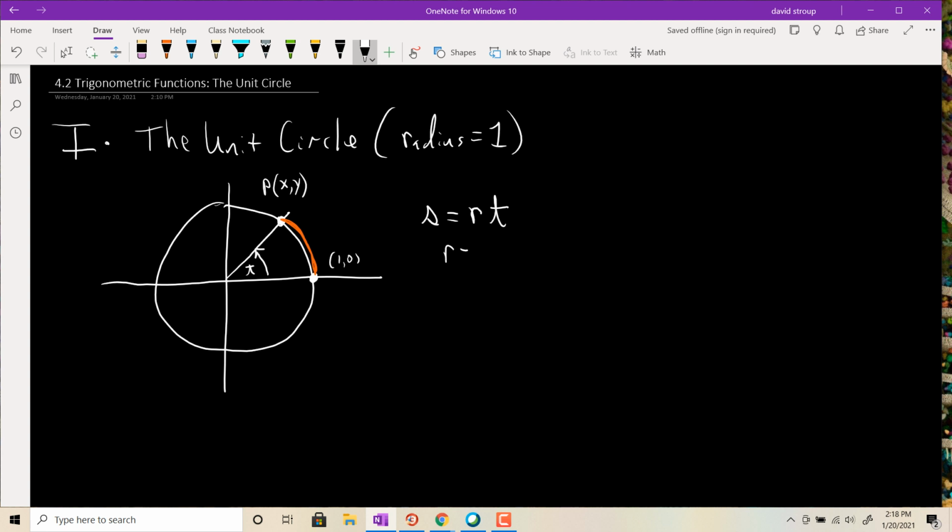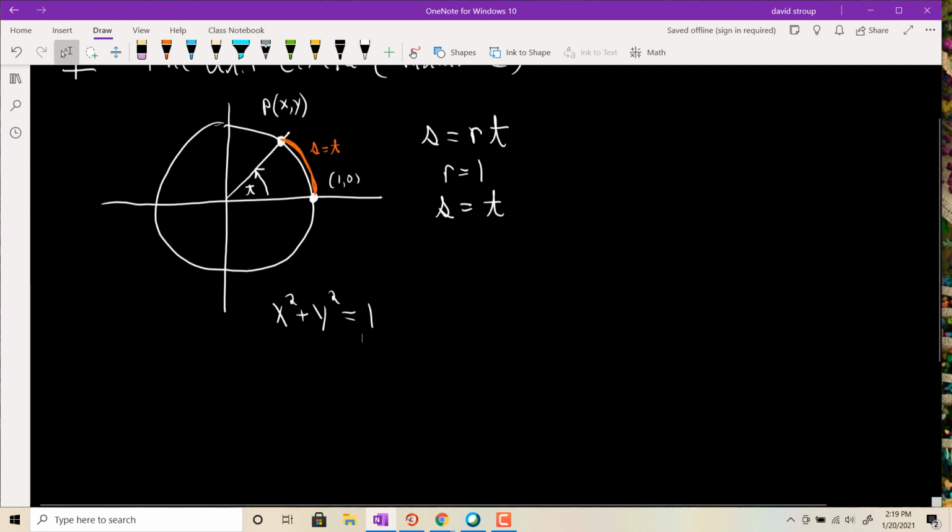Because r is equal to 1, that implies that the arc length is actually just equal to the angle. Okay. So it makes things a little easier in that regard. So this arc length in red is s, but that's just equal to t. Okay. What else? The formula for this circle is x squared plus y squared equals 1.